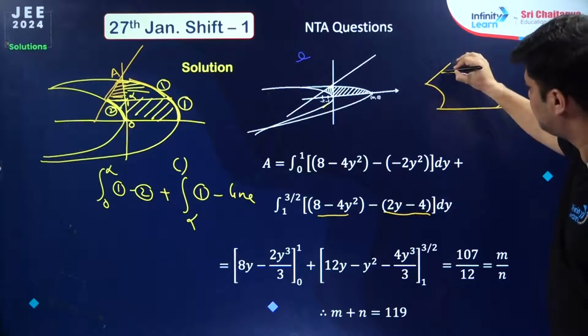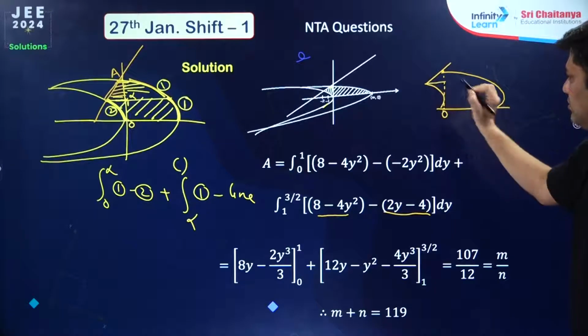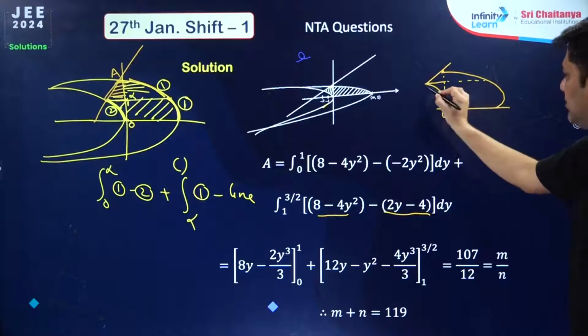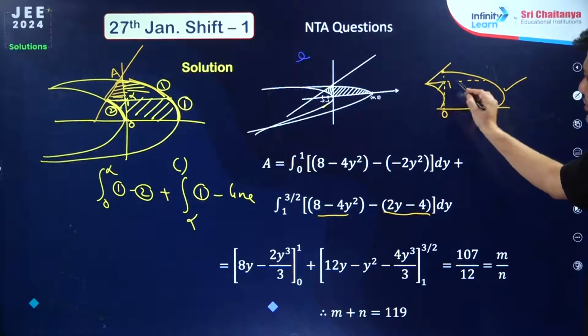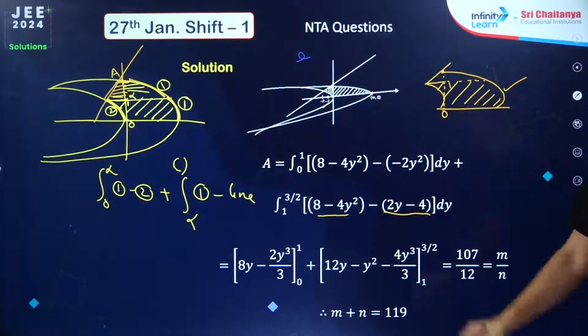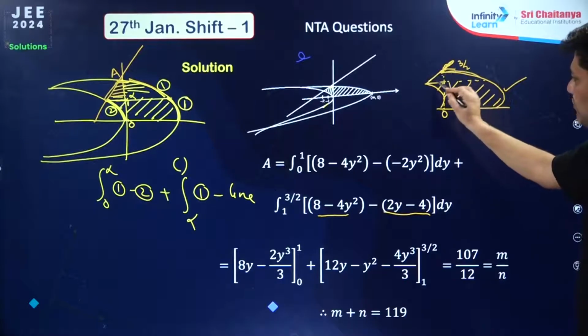This is x-axis, y-axis, sorry. So this is 0, this is 1. So upper curve minus lower curve, this area will come 0 to 1, and forget this line. This is 3 by 2 point. So 1 to 3 by 2, upper curve minus lower curve, this area will come.